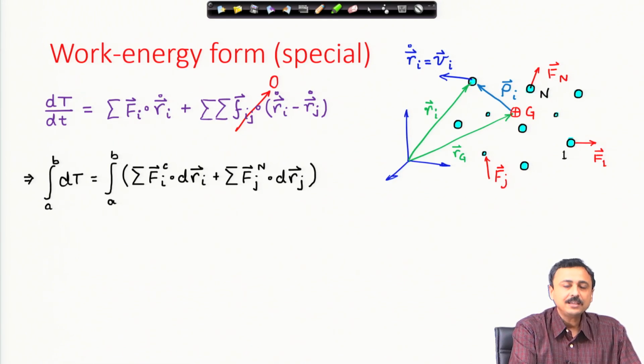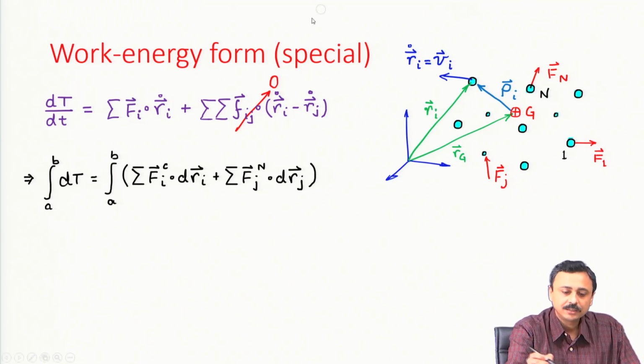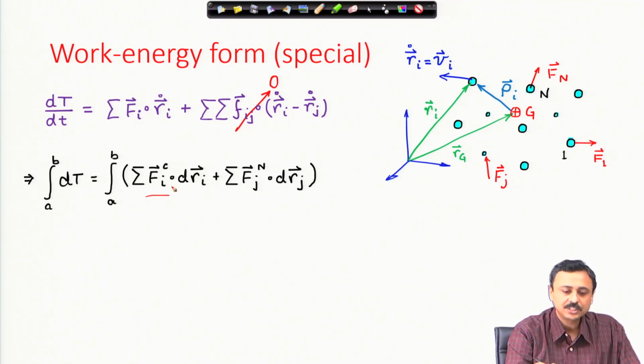This F_i superscript c represents conservative forces and F_j superscript n represents non-conservative forces. Now, different particles might be under conservative or non-conservative forces, that is why I have indicated them by two indices i and j.